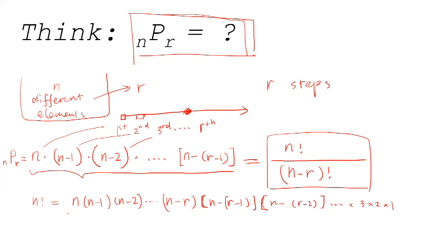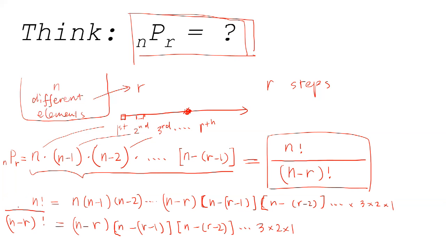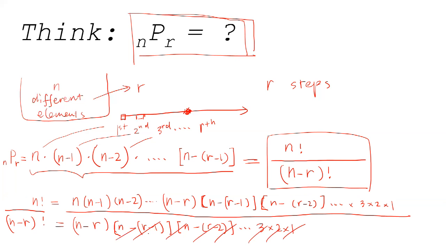And n minus r factorial is n minus r times n minus r minus 1 times n minus r minus 2, and so on, to 3 by 2 by 1, right? So if we use a quotient between these two numbers, of course we can cancel some items. You can cancel 1, 2, 3 until n minus r.